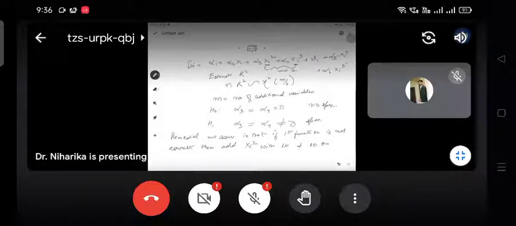So we keep on adding these polynomial terms until we get no specification error.